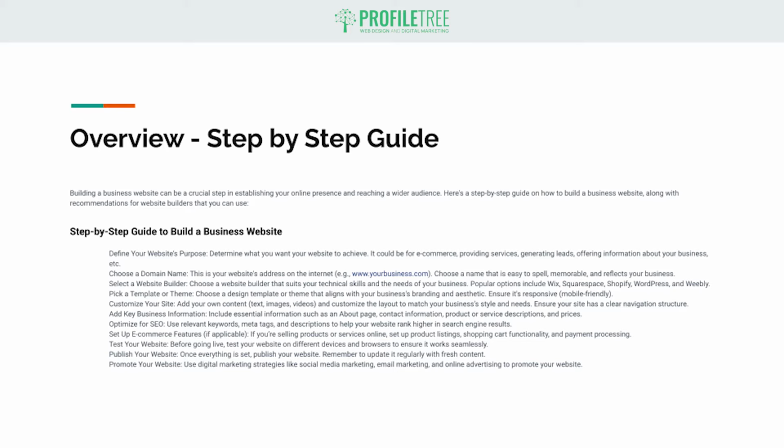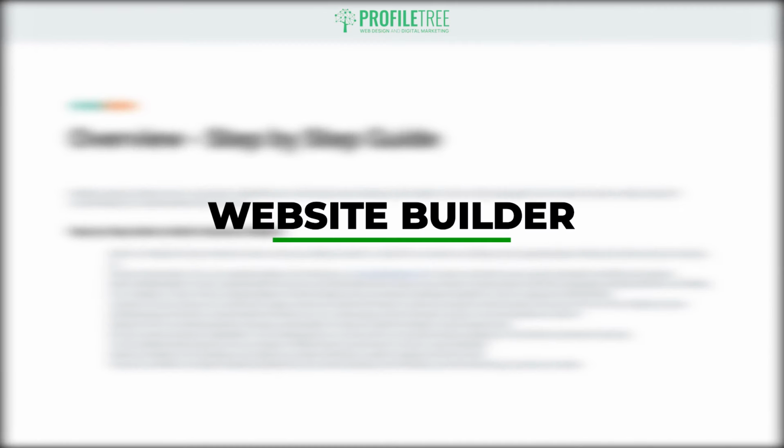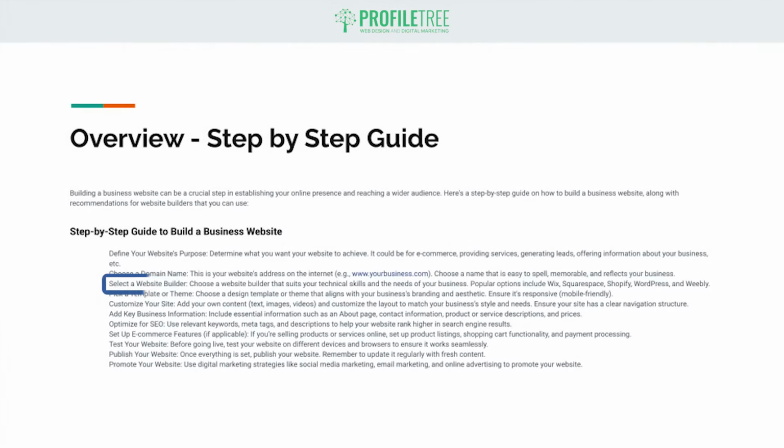Now there's multiple different ways in creating a website, and that's with the use of a content management system, completely custom coding a website, or selecting a website builder. What I would recommend to do, especially if you are new to building a website, is to create a website through a website builder. So that's the third step, which is select a website builder.